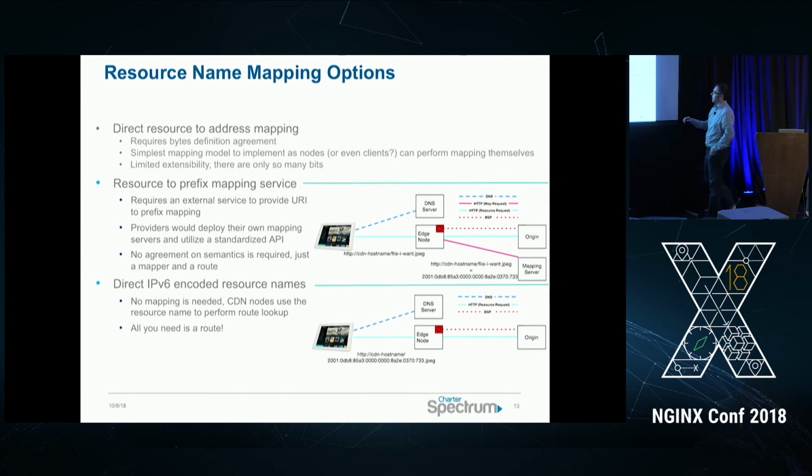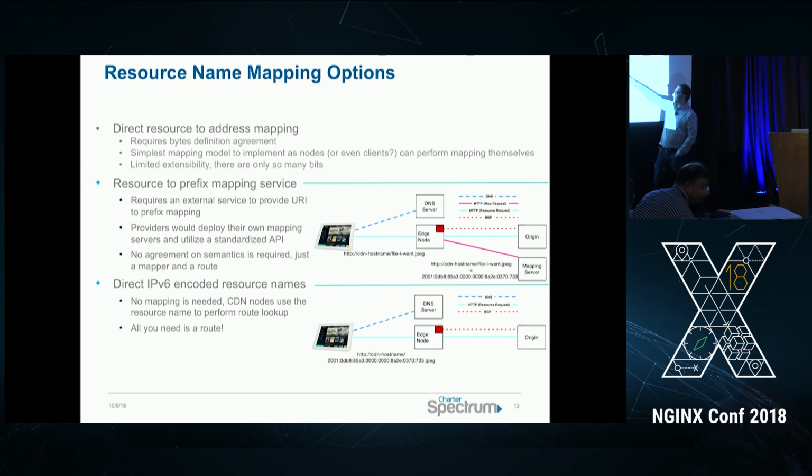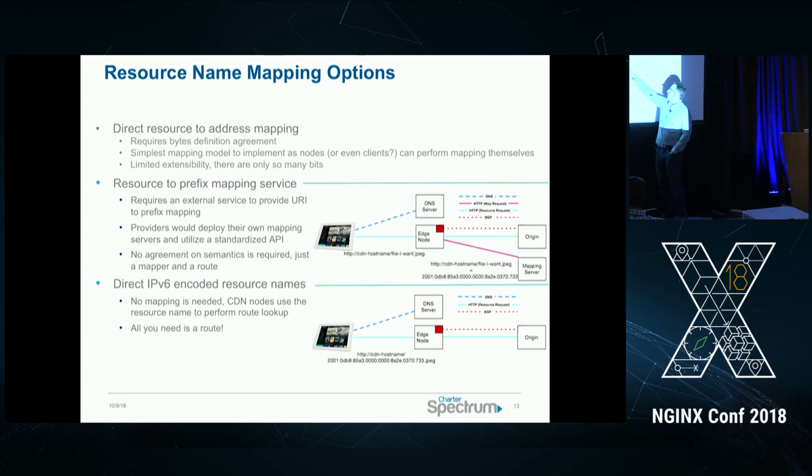So the problem being, if I'm a different CDN, and this is a client over here, that client still needs to figure out how to get to this edge node, and that may or may not be the best edge node for them geographically. So there still has to be a DNS server that knows you're in Florida, I want to give you an edge node over here.